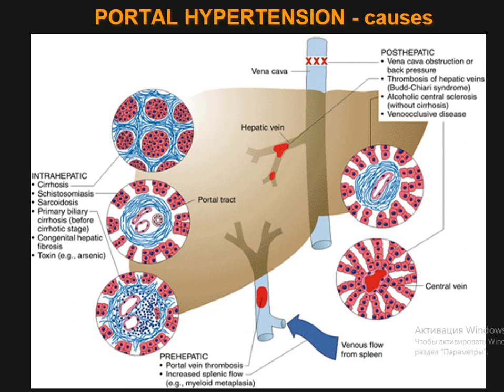Thrombosis is most common in the large hepatic veins close to their exit from the liver and in the intrahepatic portion of the inferior vena cava.